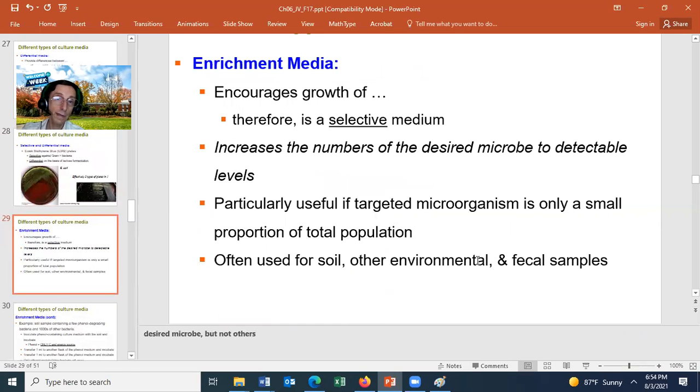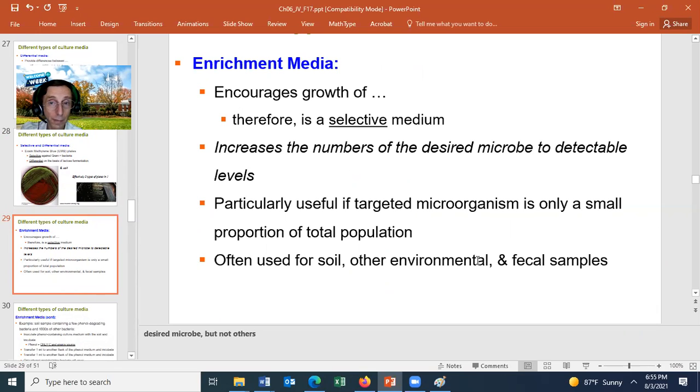We also have an enrichment media, and this media encourages the growth of certain microorganisms and selects against other microorganisms. Therefore, it is a selective media, but it's not used in the way a selective media is normally used. We use an enrichment media to encourage the growth of the organism of interest.